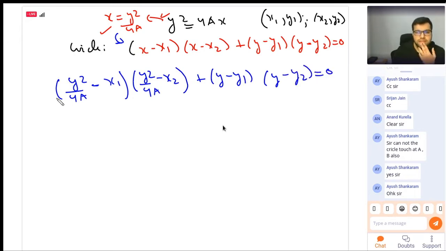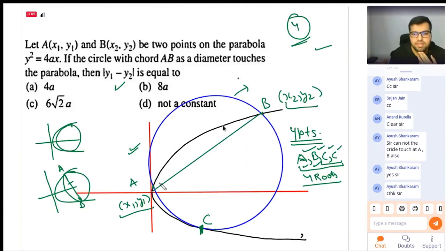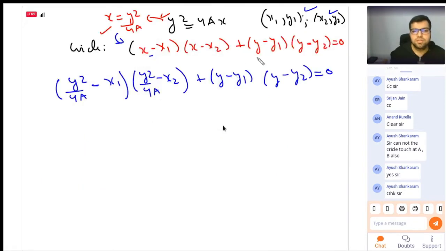Also, I know that these 2 points x1, y1 and x2, y2, A and B, satisfy the circle as well as the parabola, because these are common points. So separately, these 2 points satisfy the parabola. You can say y1 square is equal to 4ax1 and y2 square is equal to 4ax2, and then put the values over here.